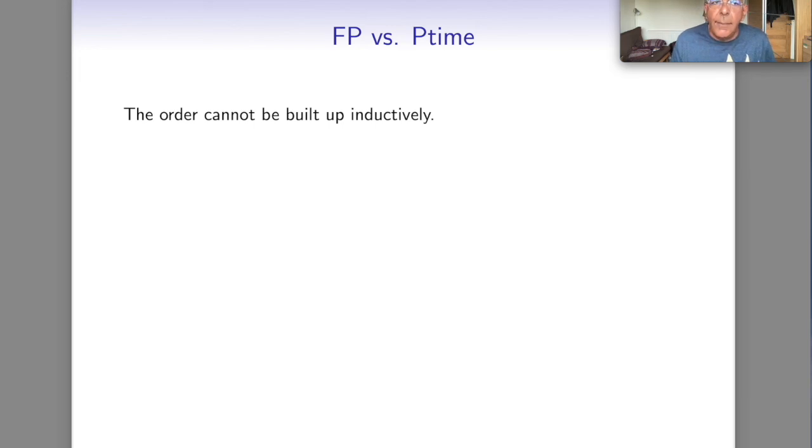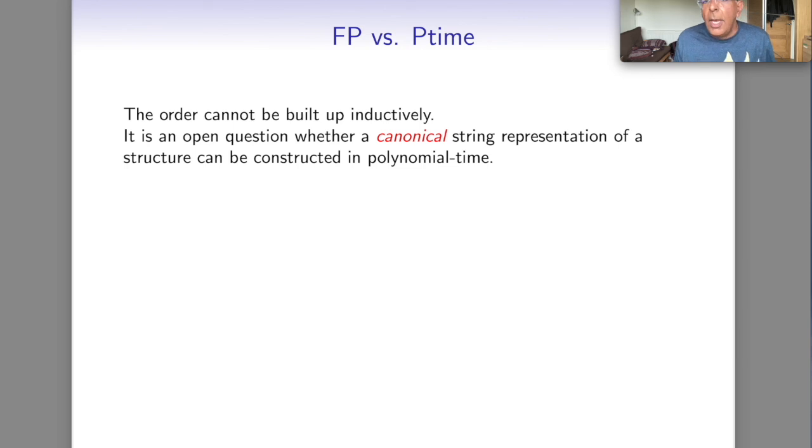So this is the key idea. The order cannot be built up inductively. Can we, in some deterministic way, define a canonical string representation for a structure in polynomial time? We don't know. If we could, in particular, we could solve graph isomorphism in P, but this is in some sense a stronger assumption.